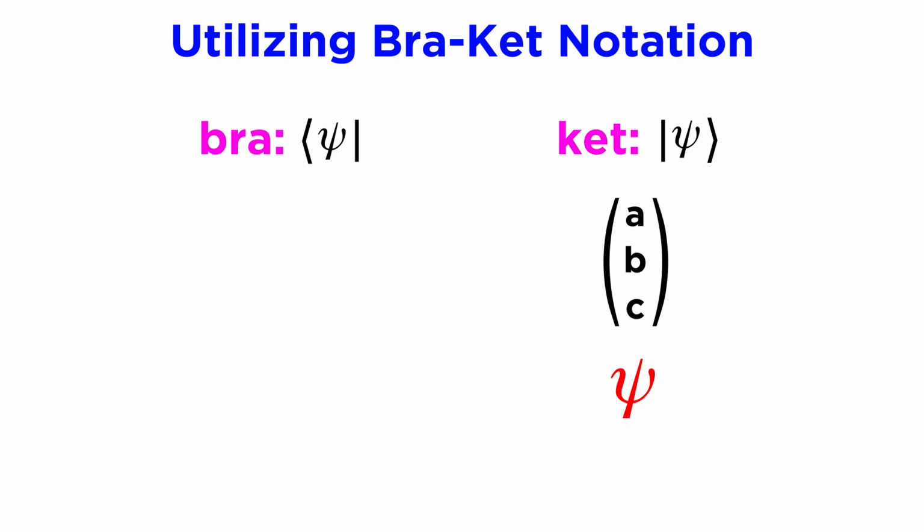So once again, considering the ket to be a shorthand for the vector representation of this wave function, the bra can be considered the complex conjugate of the ket, or psi star, which is the transposed conjugate of this vector, therefore involving a, b, and c arranged in a row instead of a column, and with a star, indicating that each term is the complex conjugate of its corresponding term in the ket, or a star, b star, c star.